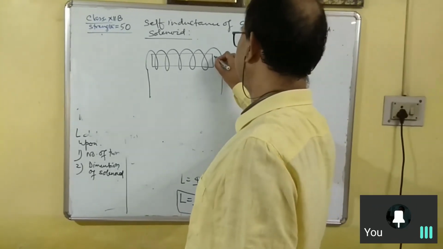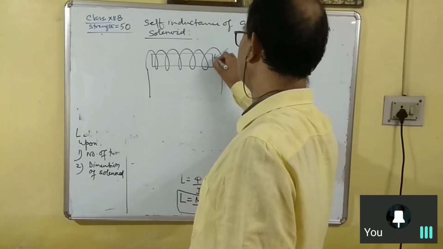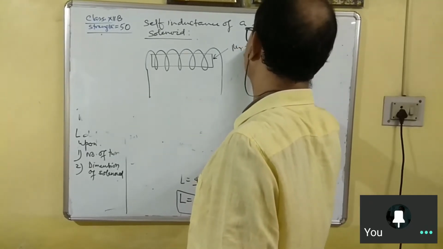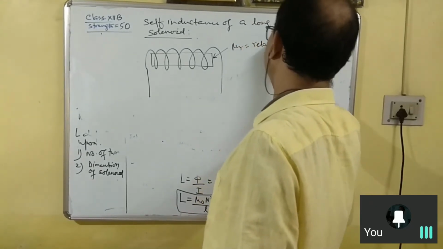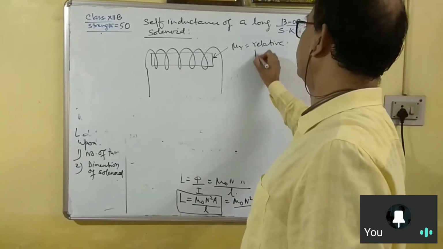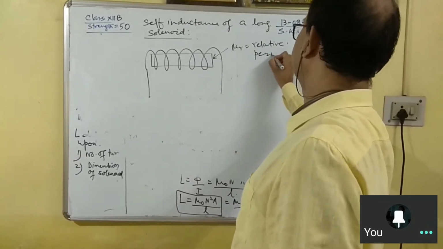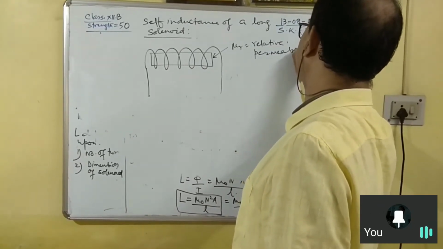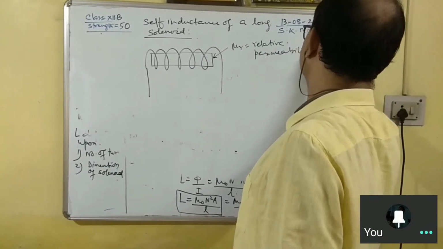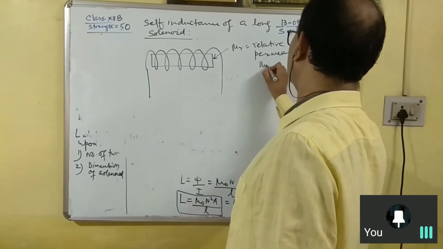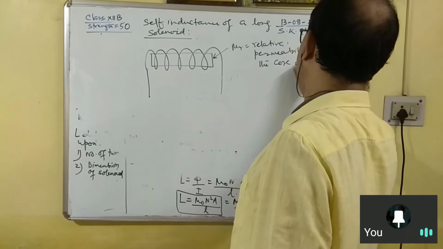So if this material has relative permeability, mu r is relative permeability of the core material.